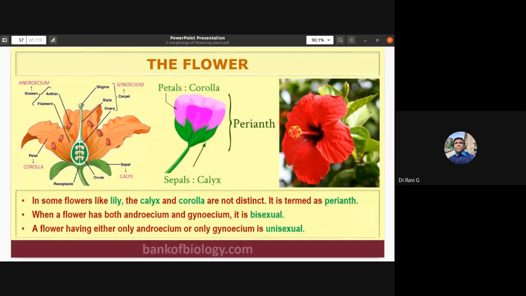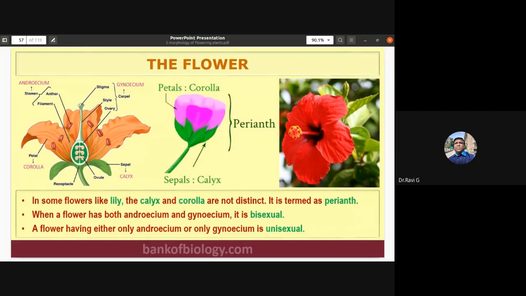We call those structures tepals. Instead of calling them sepals or petals, we call them tepals. This is noticed in lily, in coconut flowers, in sampige, that is Michelia champaca. Scientific name is Michelia champaca. English name is champak flowers.